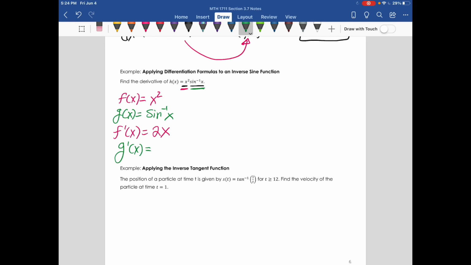So the derivative of f is 2x, and the derivative of g, using our formula for the derivative of inverse sine, I get 1 over the square root of 1 minus x squared.